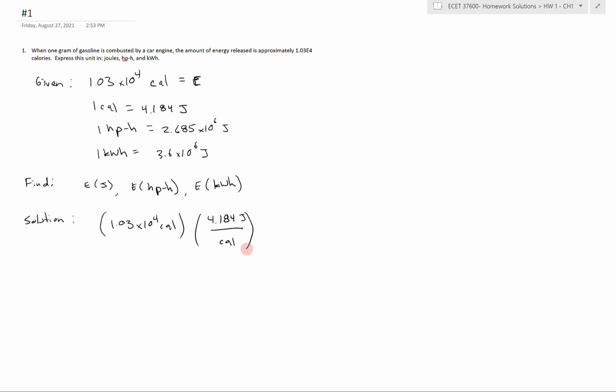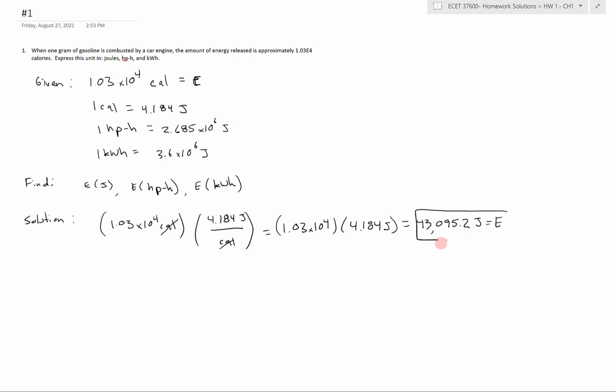And what that shows us is that the calorie here and the calorie here cancel, and so we get 1.03 times 10 to the 4th times 4.184 joules. And so that's going to give us 43,095.2 joules.